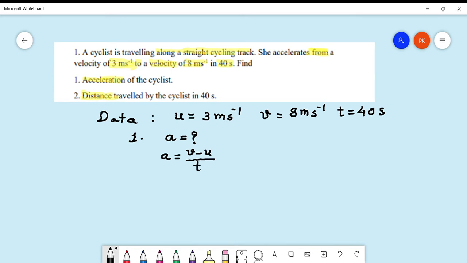V minus U upon T. So 8 minus 3 divided by 40. 5 upon 40, that is 1 upon 8. And what will be the unit of acceleration? Meters per second square. Please don't forget to write the proper units.